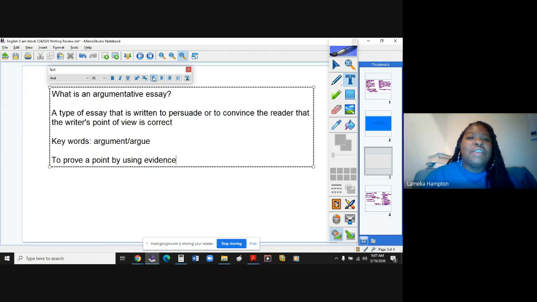You have to have proof to back up what it is that you're saying. So again, an argumentative essay, if we break down what the key words are, which are argument and argue, it is a type of essay that is written to persuade or to convince.